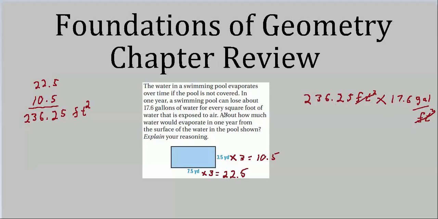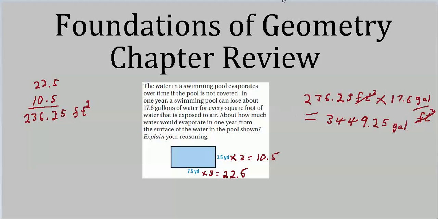And they didn't ask for the evaporation in cubic feet, luckily, because they didn't give us much cubic foot information. If they asked for that, we would have to convert these gallons to cubic feet. That would be a pain. But we could do it. But we're not going to, because they didn't ask us to.